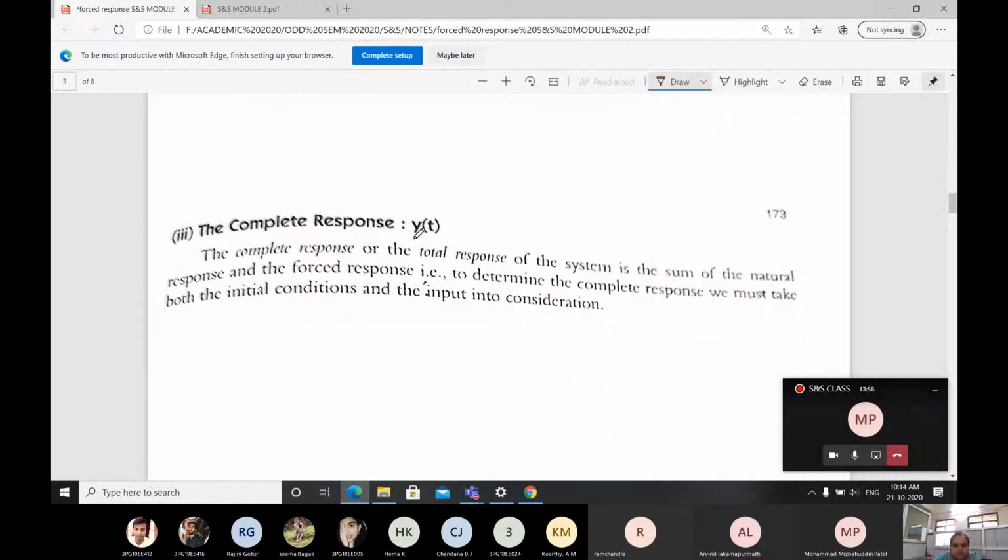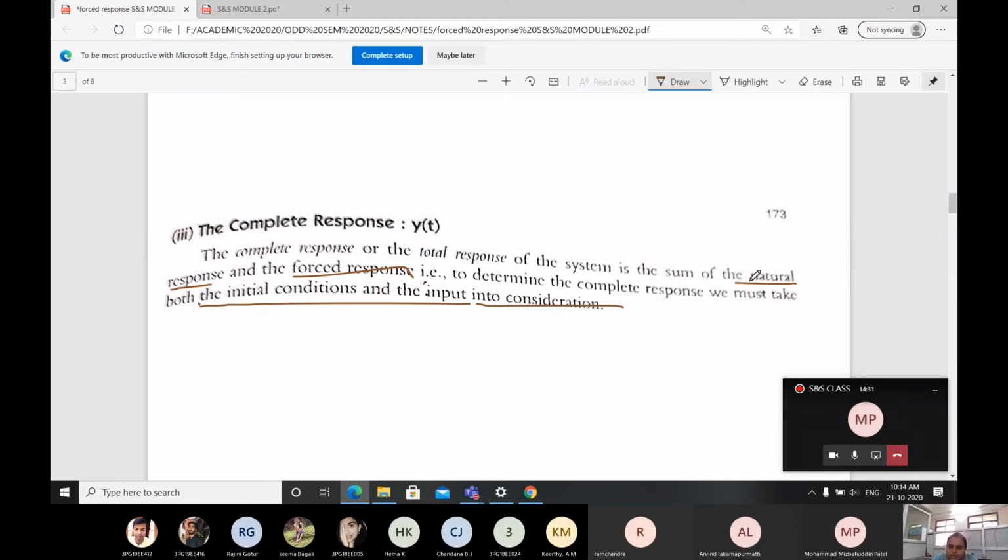About the complete response, it is taken as y of t. The complete response or total response of the system is the sum of the natural response and the forced response. To determine the complete response, we have to take both the initial conditions and the input into consideration.